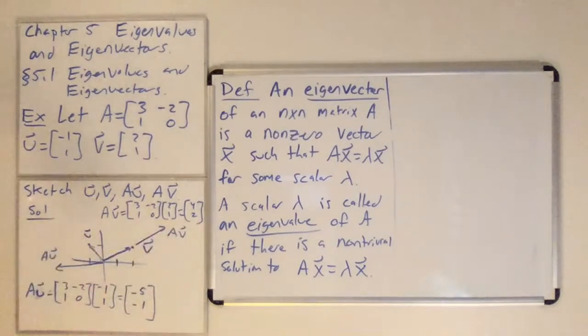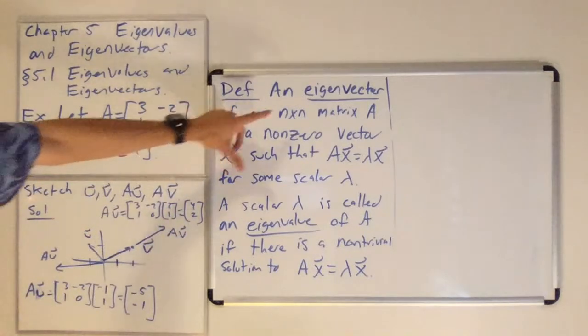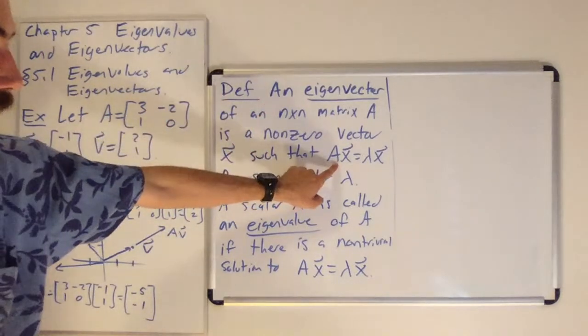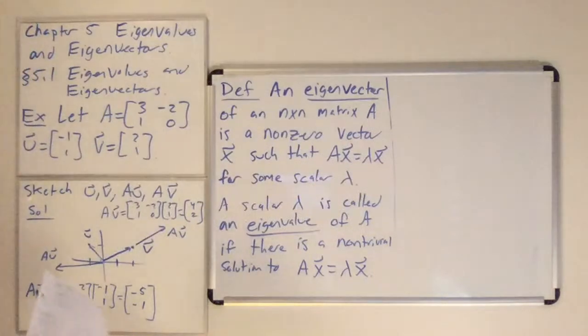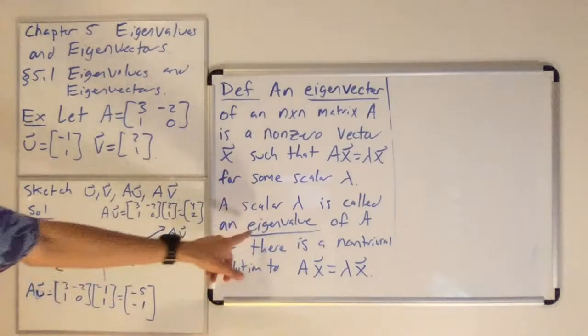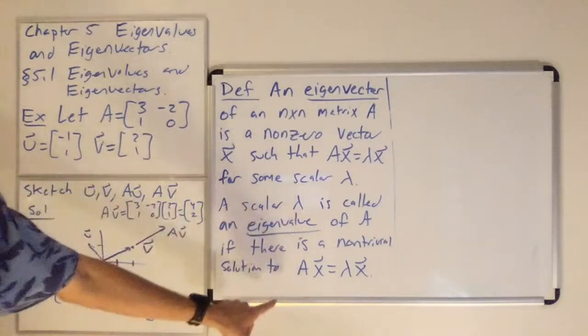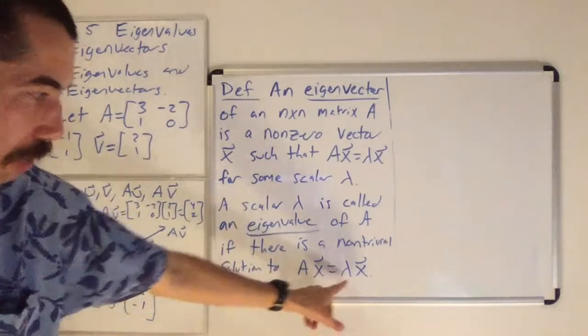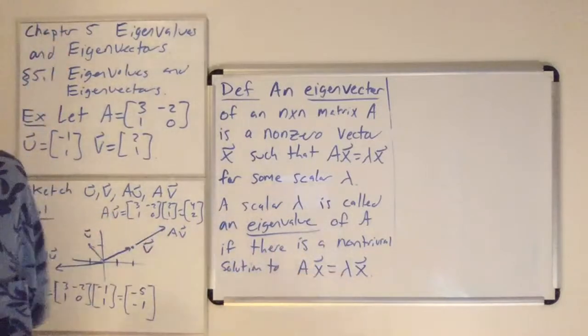So we call a vector that satisfies Ax equals lambda x an eigenvector. And then conversely, if there's a scalar lambda where this has a non-trivial solution, then lambda is an eigenvalue.